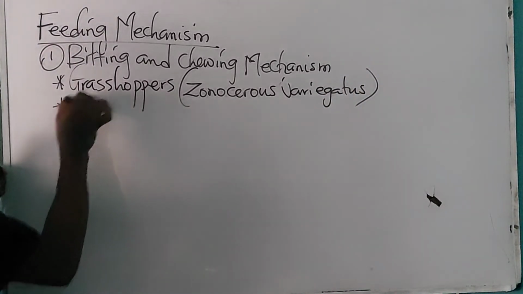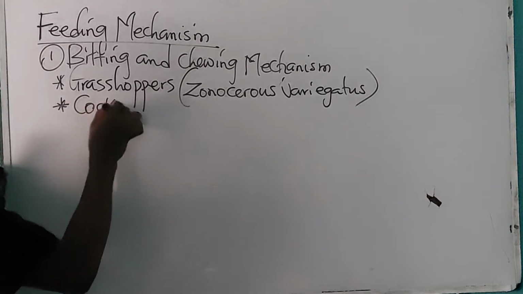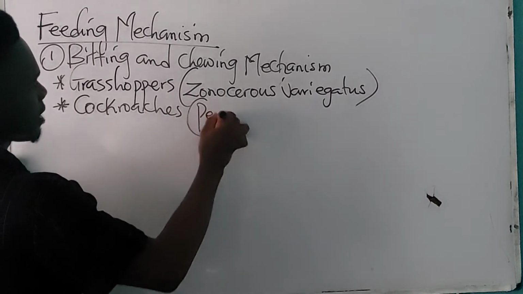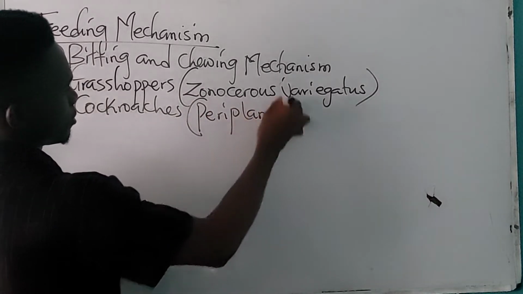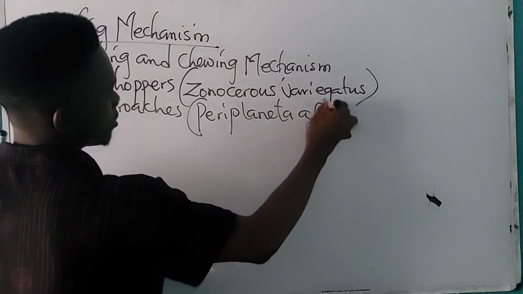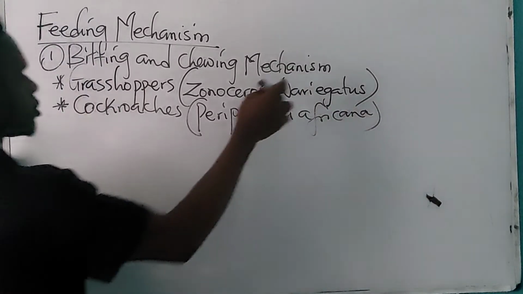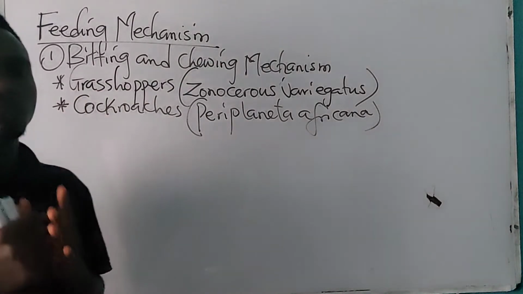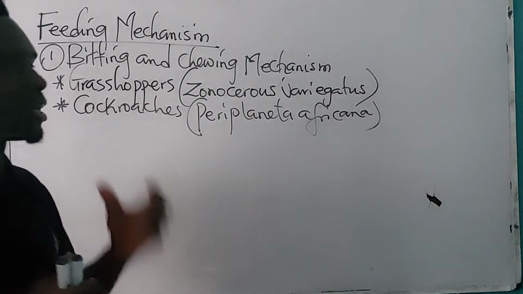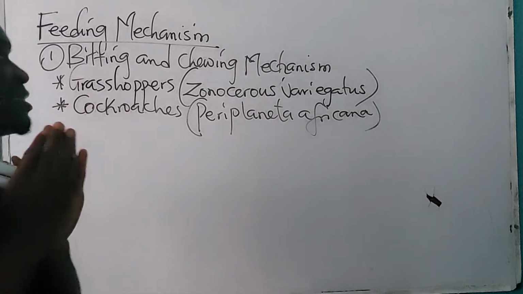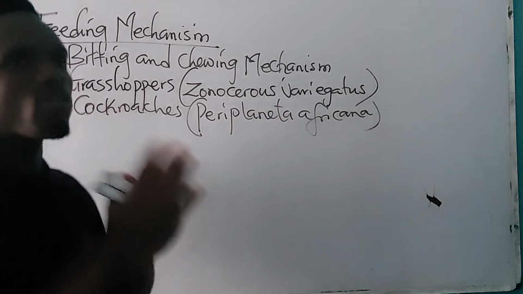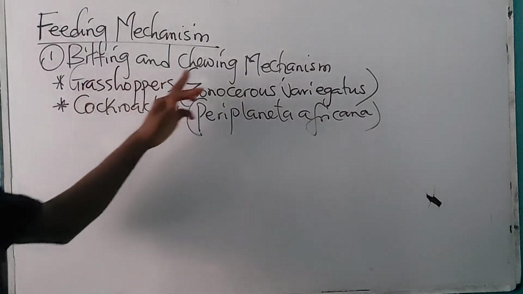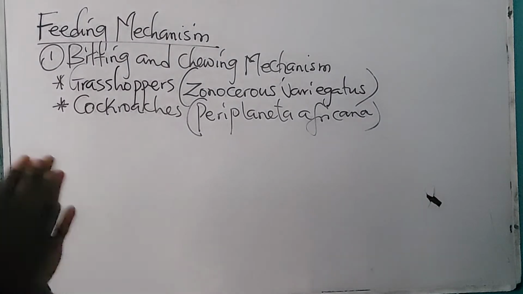Another example is cockroaches, Periplaneta americana. So both of them are good examples of biting and chewing mechanism. That is because they have certain organs. Their mouth parts are segmented, or made up of different organs that help them to bite and chew their food materials.